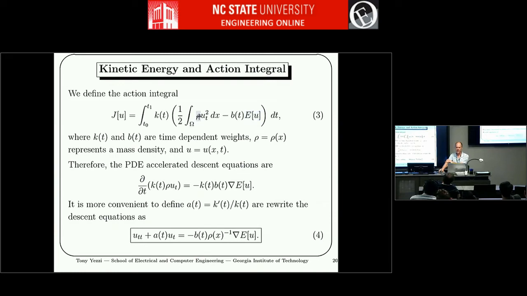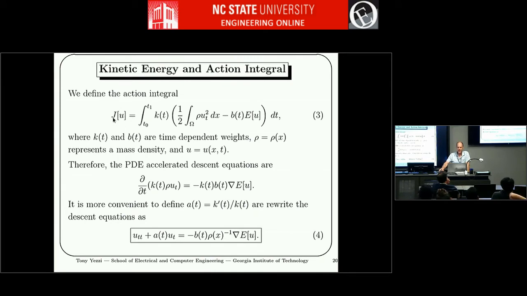We assume some kind of a density, and then we just look at the pointwise derivative, and we just integrate it. That would be a very natural kinetic energy. Now, if you assume the density is constant, you can pull it outside the integral, and you're basically just integrating the time derivative squared, with a factor of 1/2, so you don't get a factor of 2 when you take the Euler-Lagrange. All right, so you plug all that stuff in.